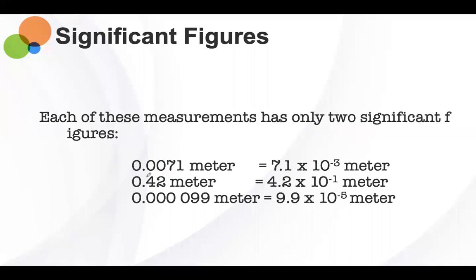So if we had 0.0000099, which one looks much better, this one or this one? 9.9, sir. Exactly. So 9.9 times 10 to the negative 5 meters looks much better to the eye. So in order for us to get here, we put it in standard form.